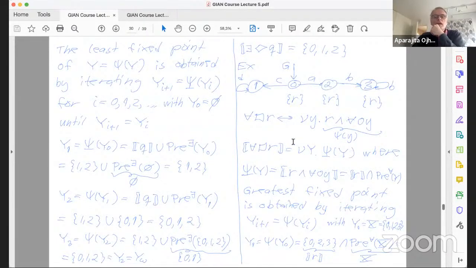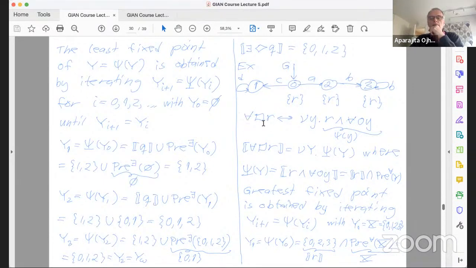Now I will take another situation where I also have the greatest fixed point, and I also have for all. And that is a little bit more challenging, but let's see here. I'm looking for the states where if I stay in a state, I know that this state and all future states, in this case, I will have R equal to.